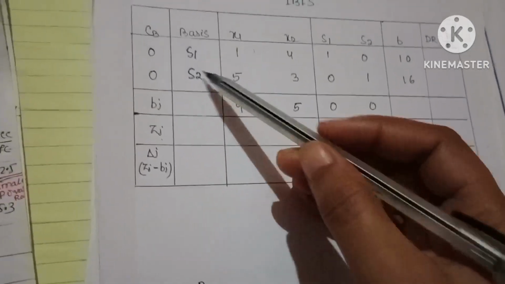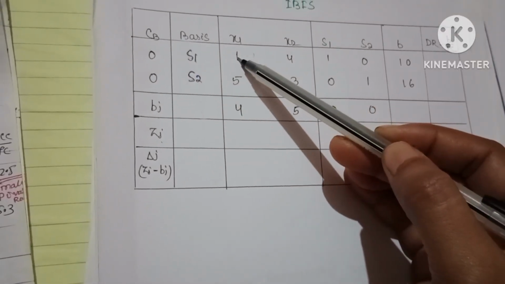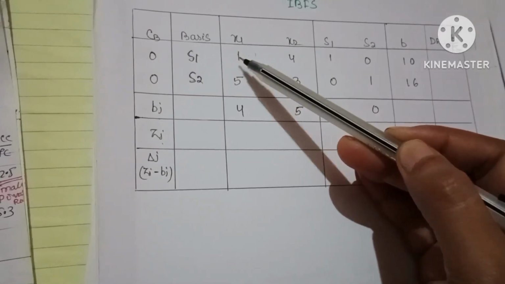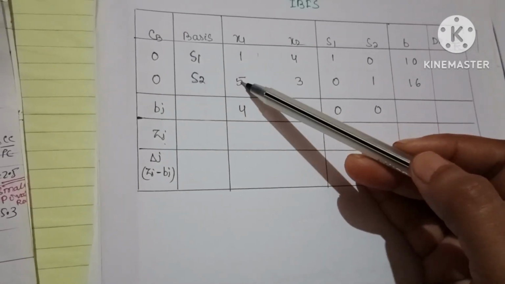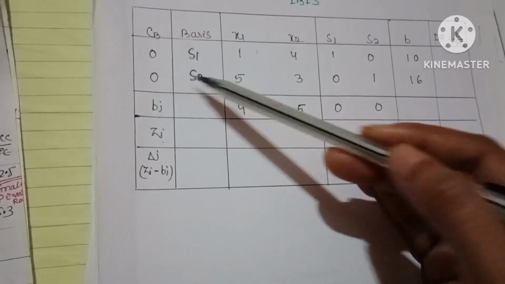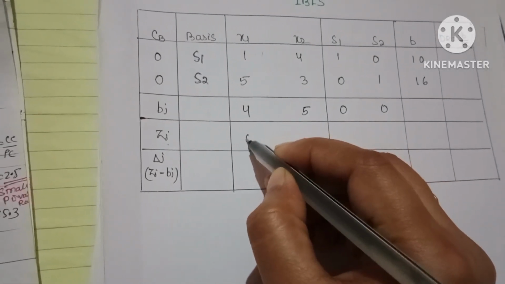So z1 equal to cb1 into this, this one into this one, plus this into this, that means 0 into 1 plus 0 into 5. So this equals 0.